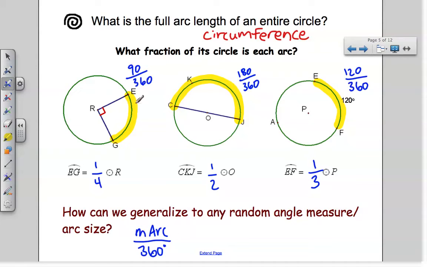So if you had some random angle measure like 14 degrees, it's still out of 360. And it's a portion of the total circumference. Because if we're talking about the length of this, it's a length out of the whole circumference of the circle. Because remember, the full arc length is the circumference.